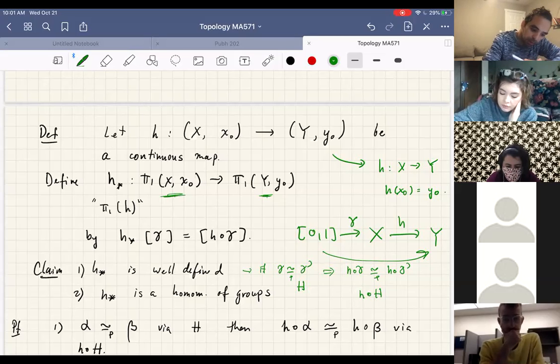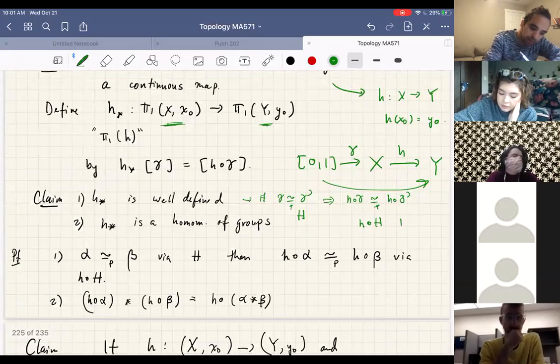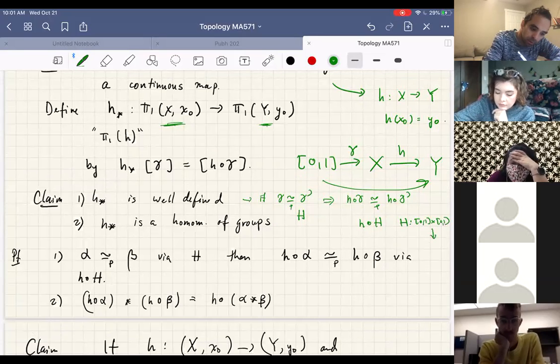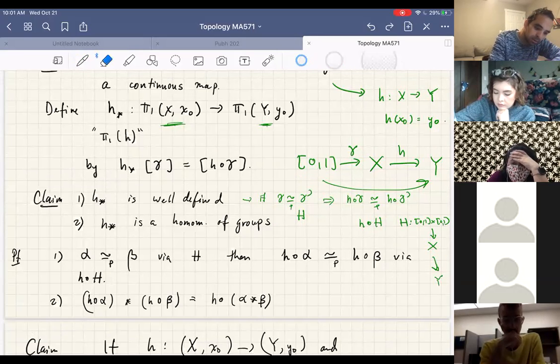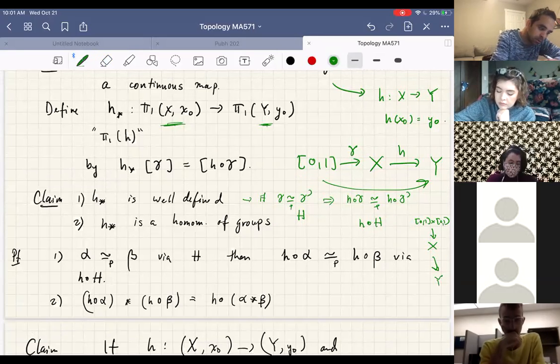Recall a homotopy of paths is just a map of the square to X, right? So I can compose that with H. It's little h.